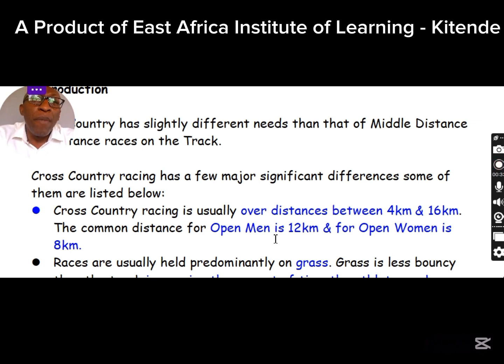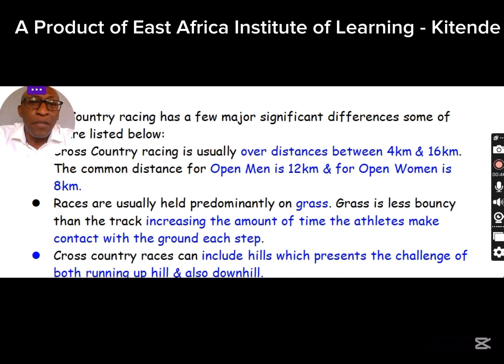For example, the open men usually is about 12 kilometers, and the open women is about 8 kilometers. These races are predominantly on the grass. Now, the challenge with grass is that it is less bouncy than a normal track within, say, Nambole.